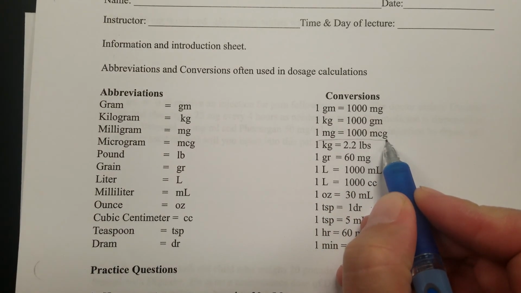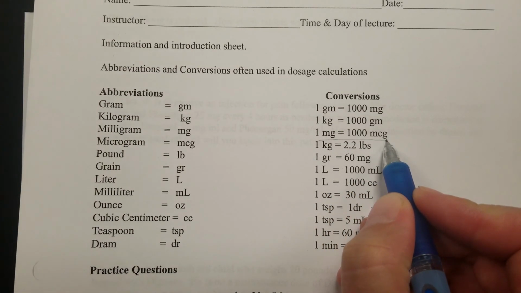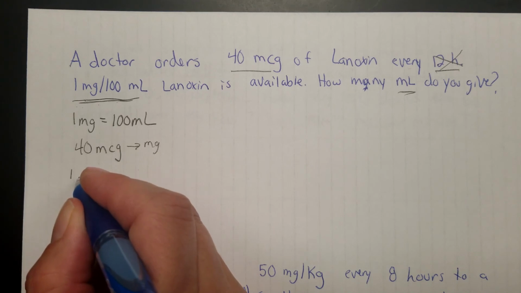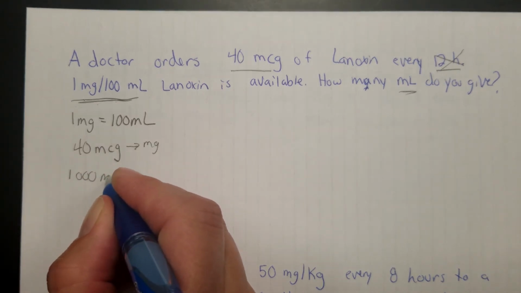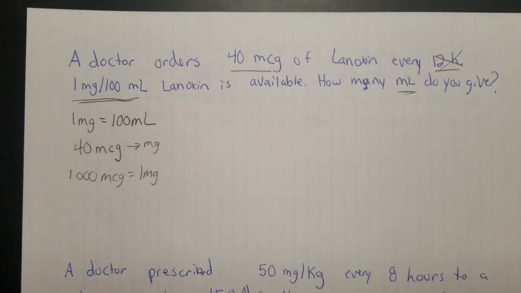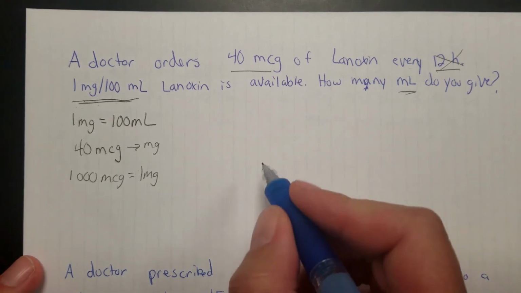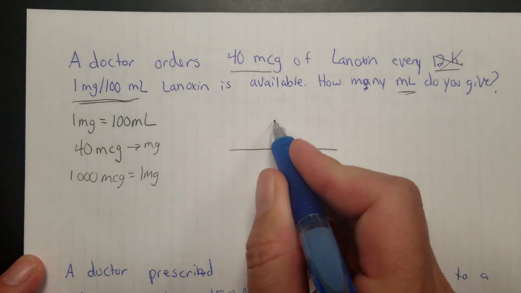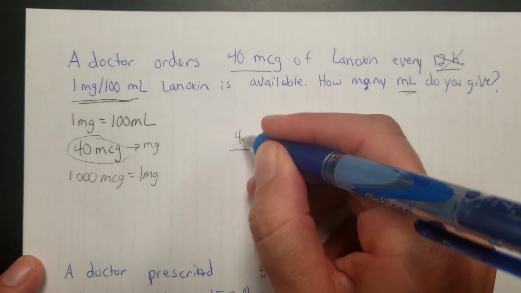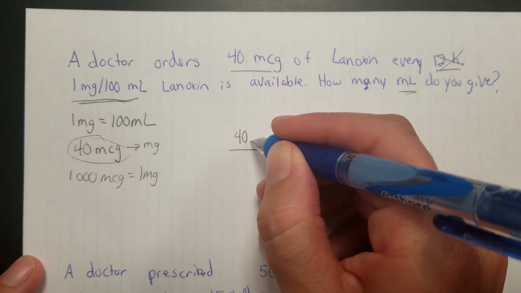So we're going to use this conversion factor to get us between the micrograms and the milligrams. The other conversion factor we're using is 1,000 micrograms is equal to 1 milligram. So now I have the conversion factors I need. When I start my railroad tracks, what's going to start it is the 40 micrograms, because I'm trying to figure out how many milliliters we're going to give the patient.